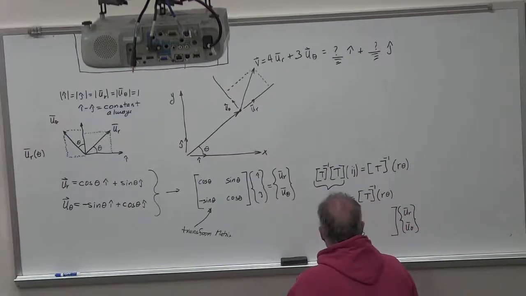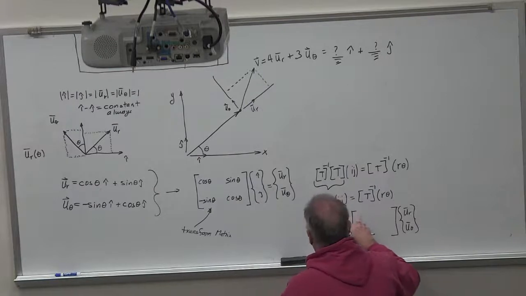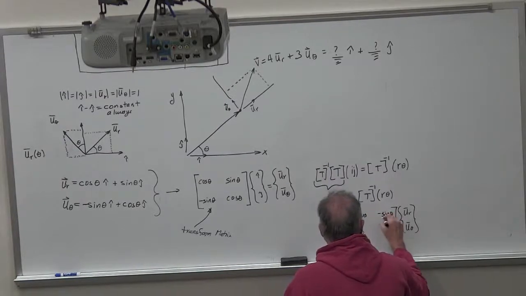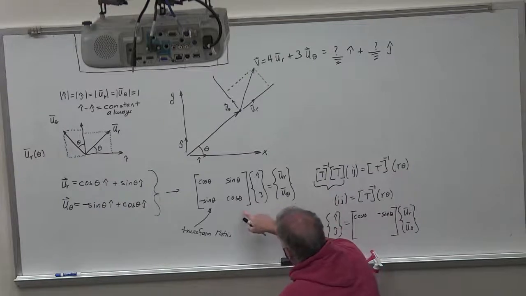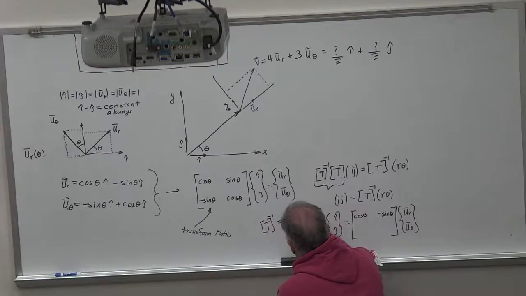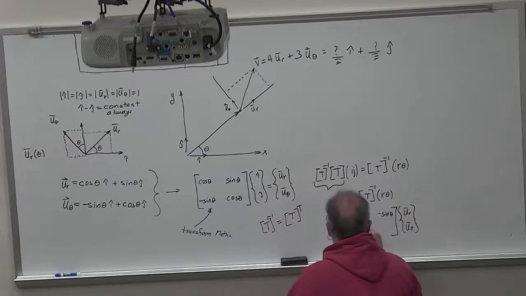Interestingly enough, and I can write it down and then show you how, this matrix is simply that. This is a special matrix because the inverse of that is nothing more than the transpose of it.